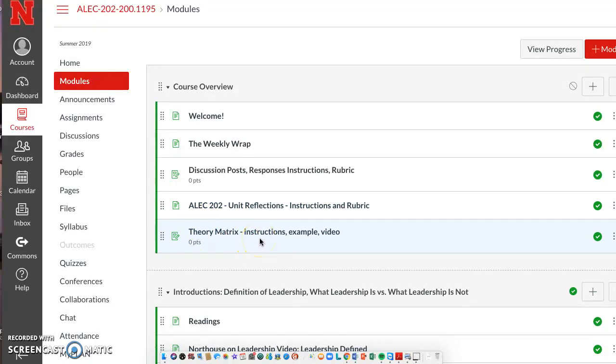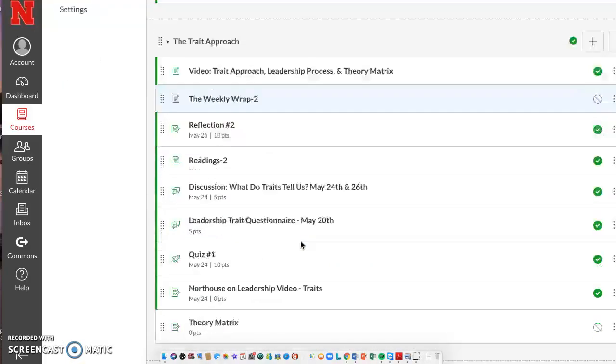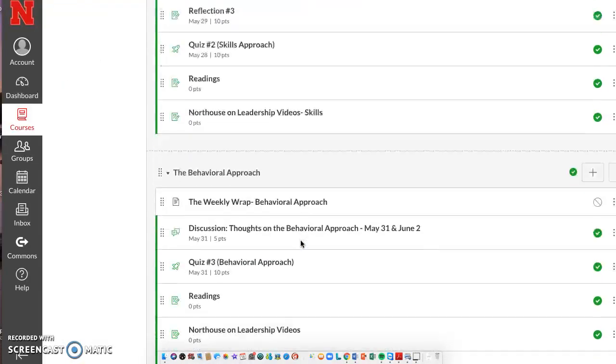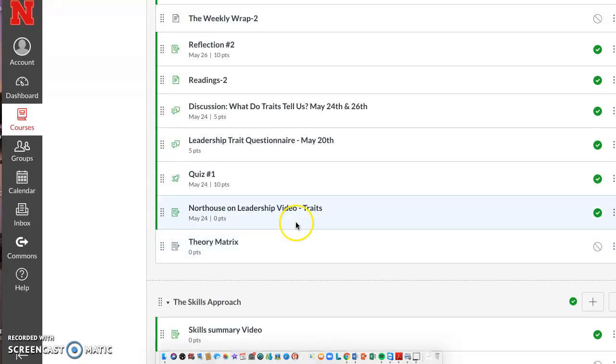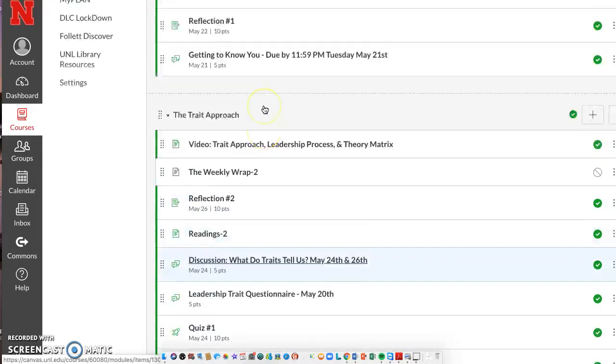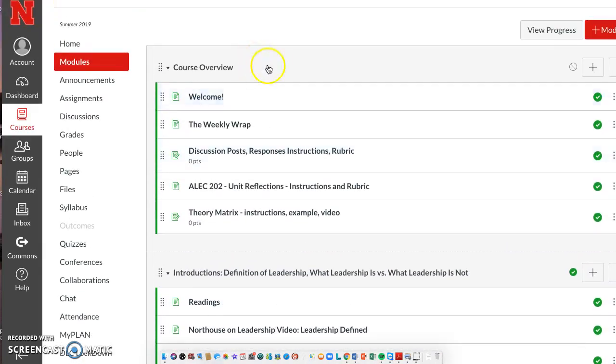You click on this, plus an example of one, plus a video for how to do it. Here's the individual unit, and then here's our trait approach, skills approach, behavior approach. Each one of these units is on modules, and everything you need, the readings, the quiz, the reflections, the discussion, it's all there for each unit, all posted, so you can take a look and scan through it.